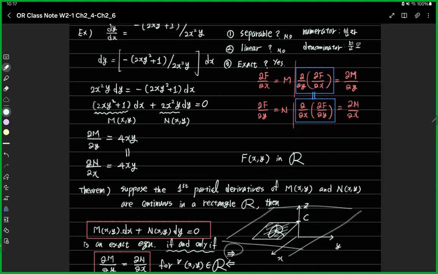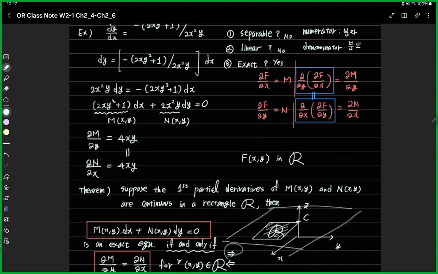We know the solution to the exact differential equation is the level curve f(x, y). What's the domain of f? The domain must lie in the xy plane, because this is a function of the two variables x and y.